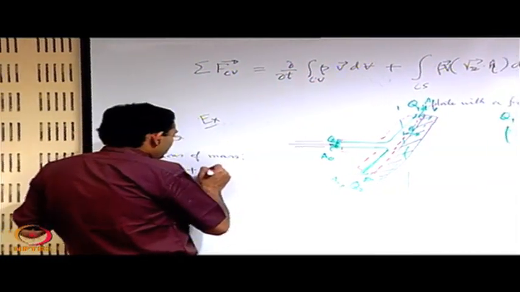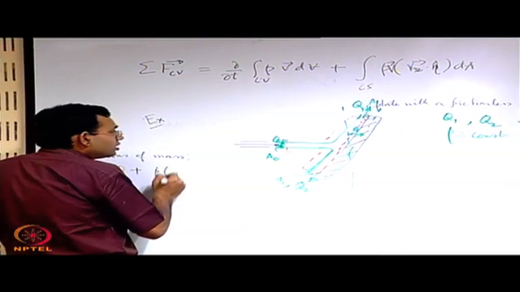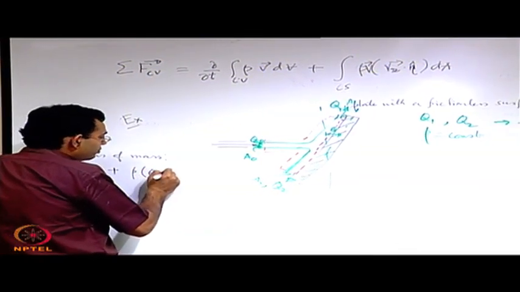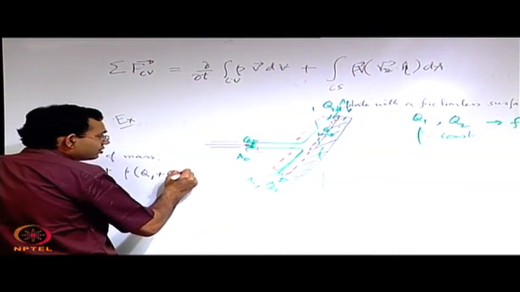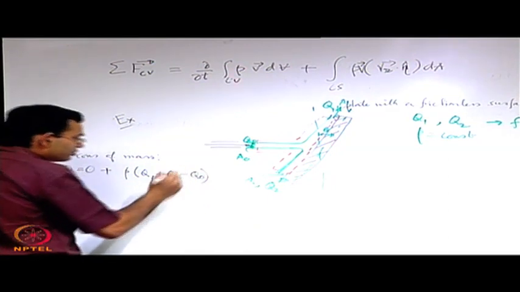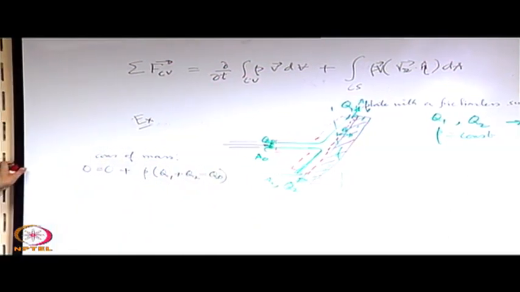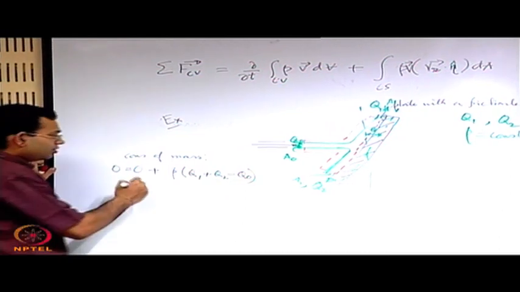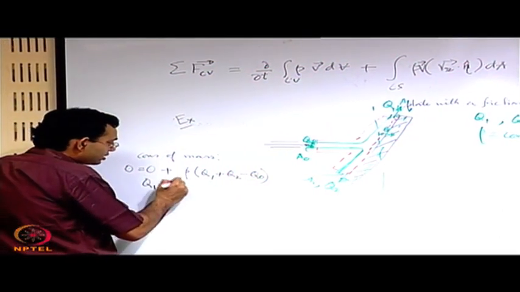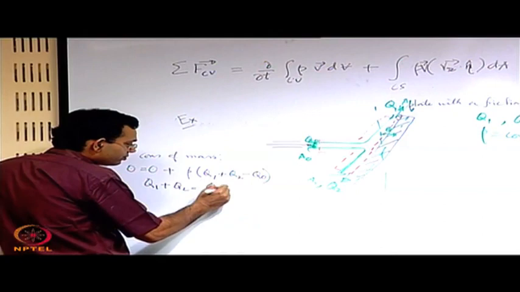That is rho into (Q1 plus Q2) as outflow minus rho Q0, the inflow. So, you can straight away write Q1 plus Q2 is equal to Q0.